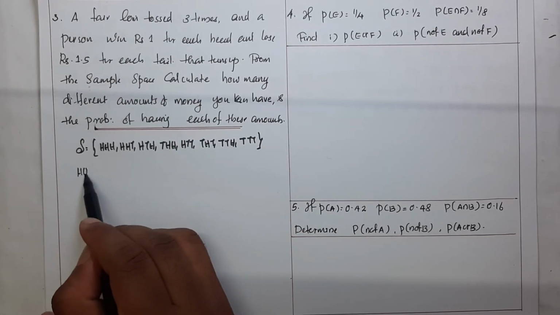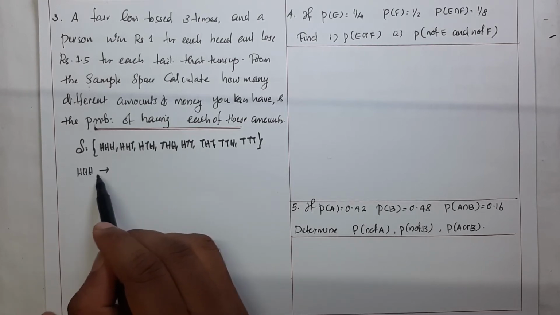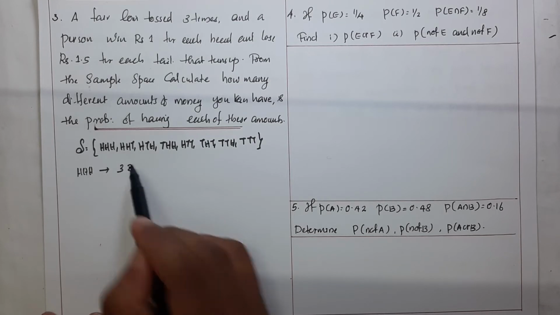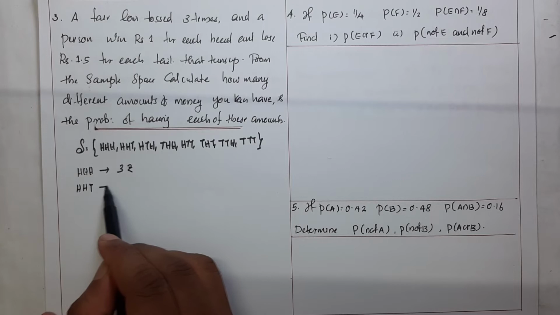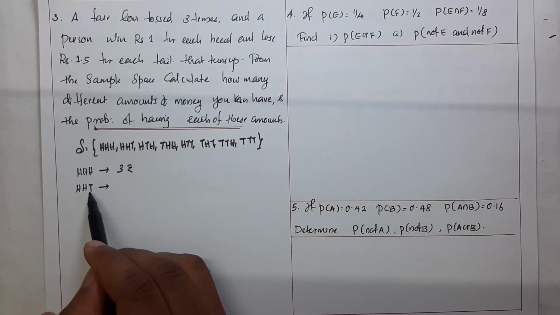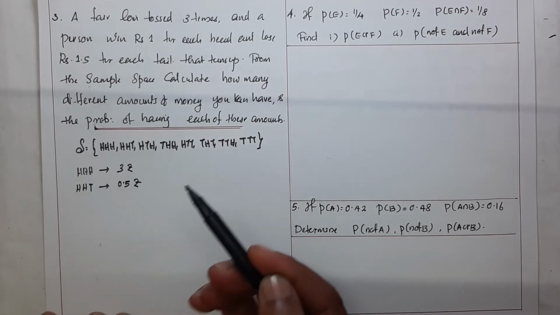That means if you get head, head, head, you get 1 plus 1 plus 1, 3 rupees. If you get H, H, T, you get 2 rupees and lose 1.5. That is, you get 0.5 rupees.